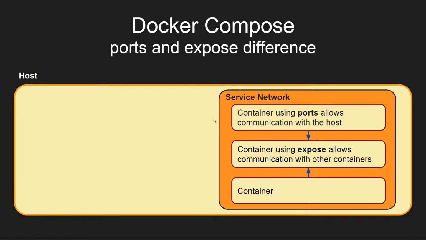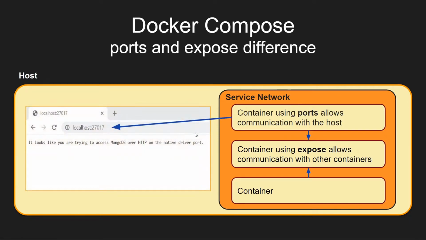What it means is I can open my browser and type localhost and the port that is specified in this key, and I'm going to get a communication. In this case, this is a MongoDB container, and we have a response here from the Mongo container.